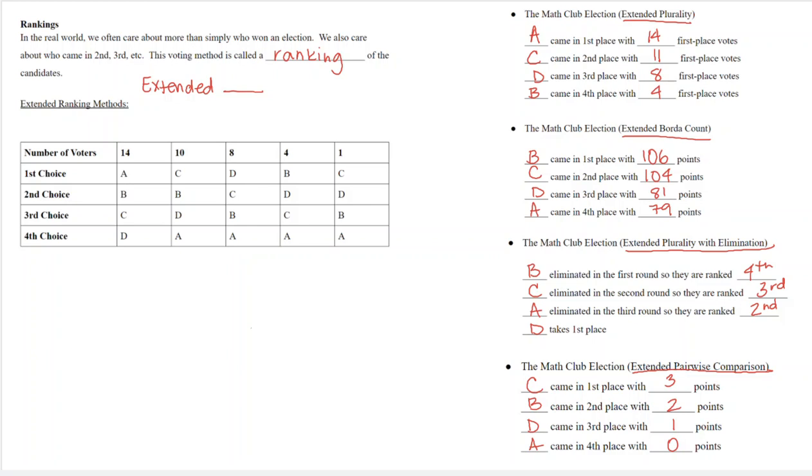Some of them violate the majority criterion, some violate the Condorcet criterion, some violate monotonicity, and some violate the independence of irrelevant alternatives criterion. None of these voting methods is perfect. They are all used in different situations, and sometimes they all agree. Sometimes you can get vastly different answers with each voting method.